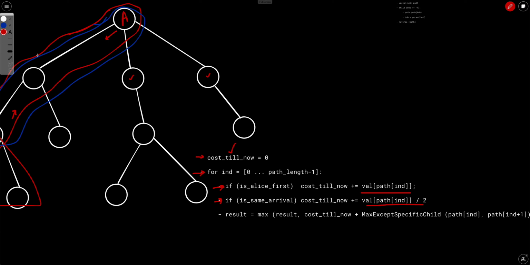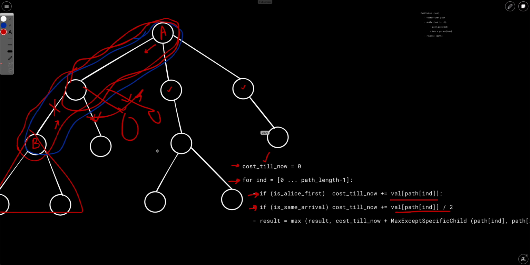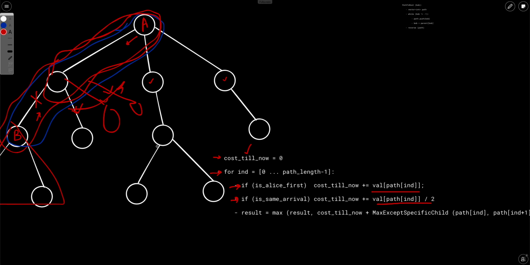Now once, let's say you calculated the cost of this particular path, after that the rest is simple. You just need to ignore one particular child and find the maximum across all the children. Let's say there are more children here. You just need to find the maximum across all the children except the one that is going to Bob.